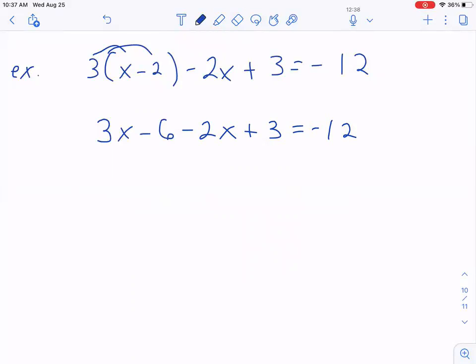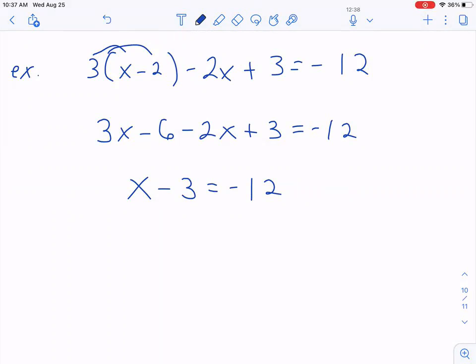So we have 3x minus 2x will be 1x. Negative 6 plus 3 is minus 3, is equal to negative 12. I'm down to x minus 3 is equal to negative 12.